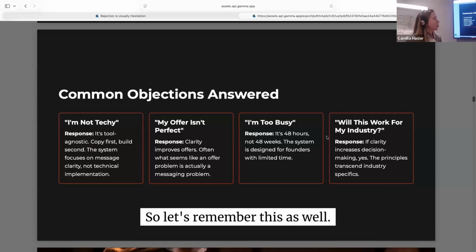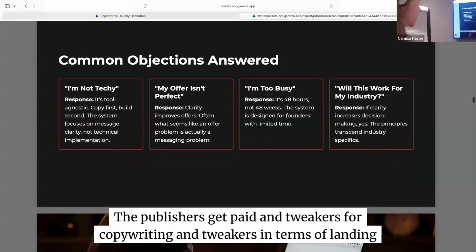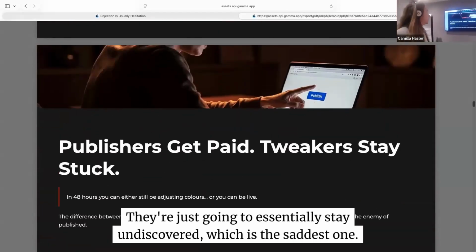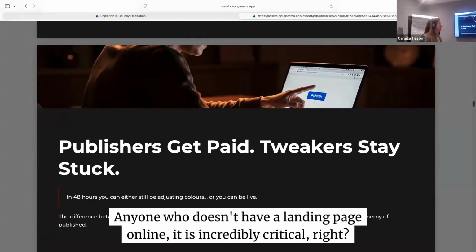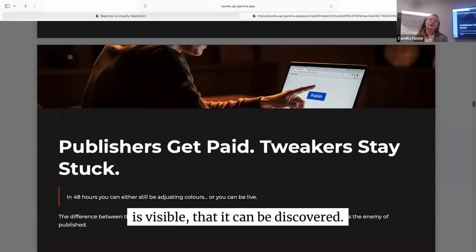So let's remember this as well. The publishers get paid, and tweakers for copywriting and tweakers in terms of landing pages, right? They're just going to essentially stay undiscovered, which is the saddest one. We do not want your business to be undiscovered or less visible, right? For anyone who doesn't have a landing page online, it is incredibly critical that your page is visible, that it can be discovered.